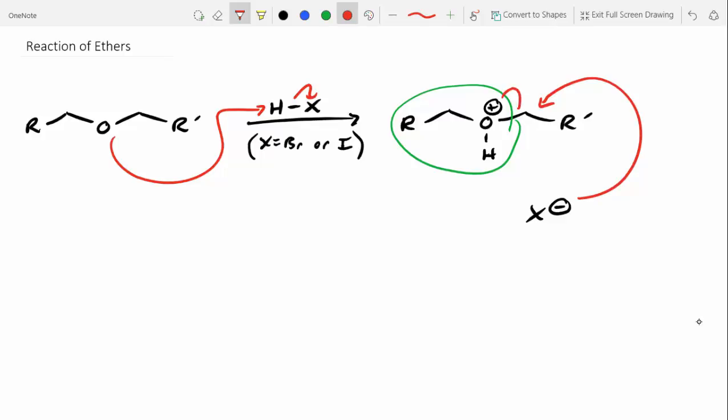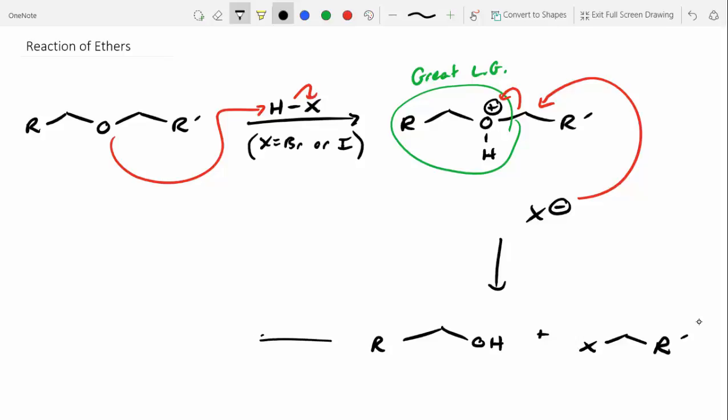So if we attack this carbon, we can kick this off because now we've got a great leaving group. So now we've got a halogen bonded to one of these carbons. Okay? And if we have more acid around, what do you think could happen next?